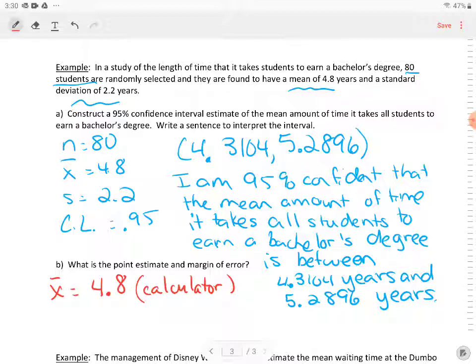So again, stat test number 8, T interval. You just have to know, are you doing an interval or are you doing a test? And you will see the words interval, point estimate, margin of error, all those have to do with intervals.